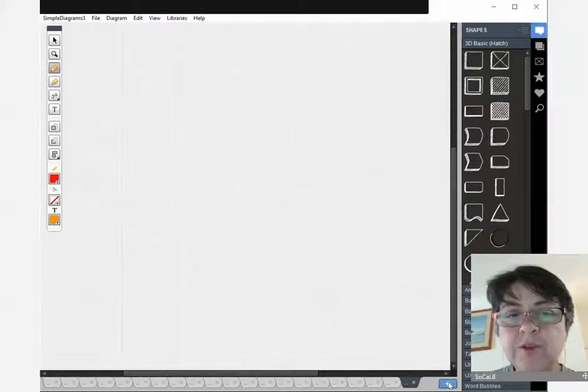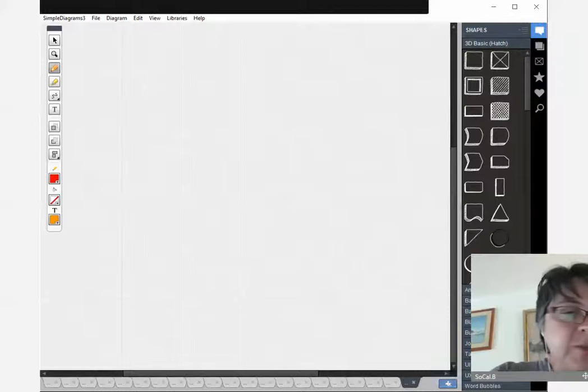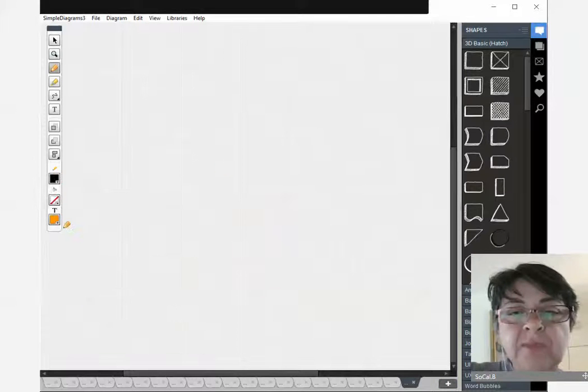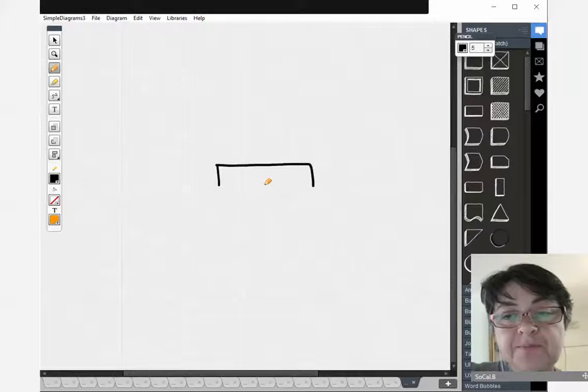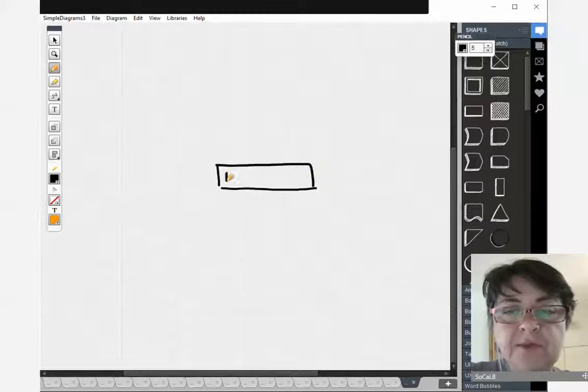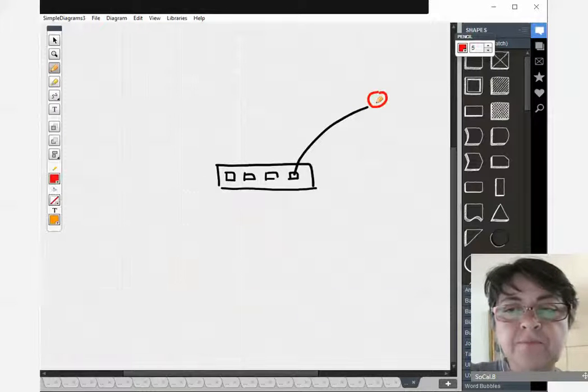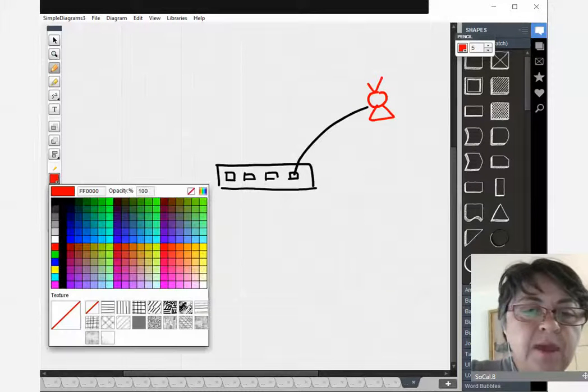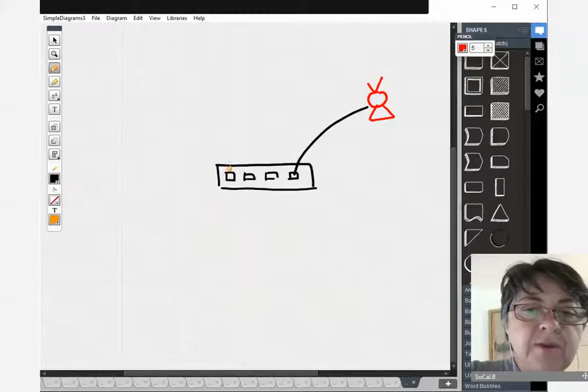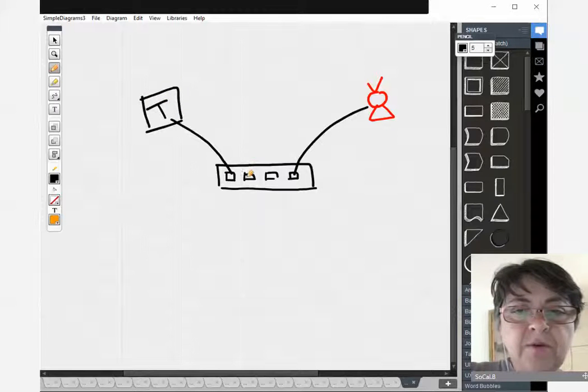Okay. So I'm sure there are other ways to do this, but this is just one scenario. Let's say the attacker is inside, and you have a switch. And here is your attacker, here is your target, and here is your victim.